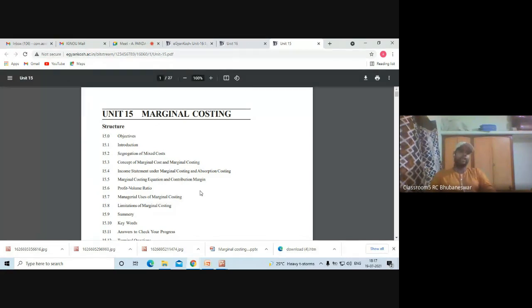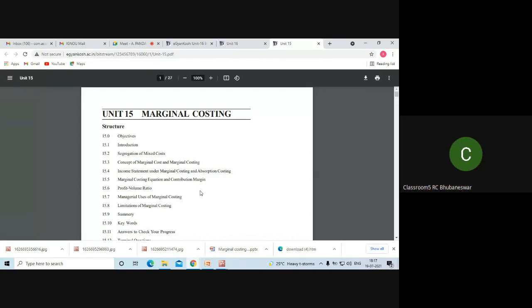So you can write it down: excess of actual sales over and above the sales at BEP, break-even sales.